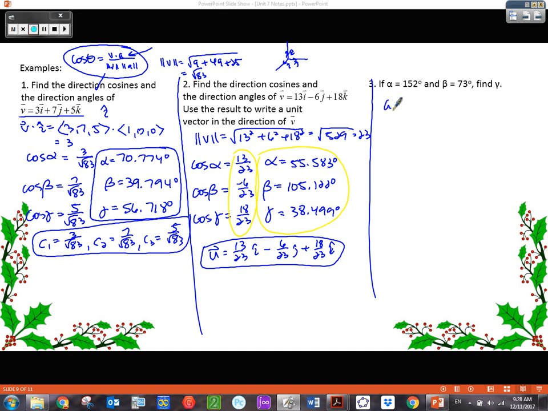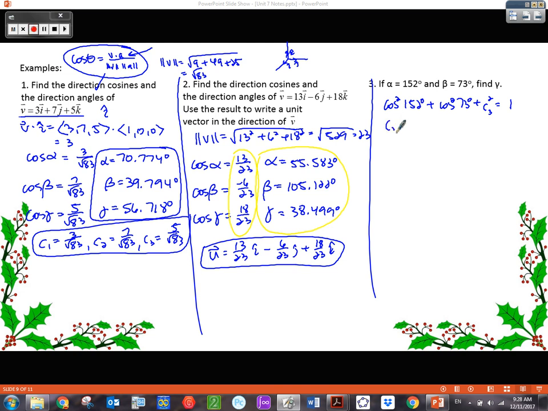So if I have cosine squared 152 degrees plus cosine squared 73 degrees plus, and C3, I don't even know what that is, C3 squared. We're just going to write it as C3 squared. That's going to equal 1. So let's solve for C3 squared.